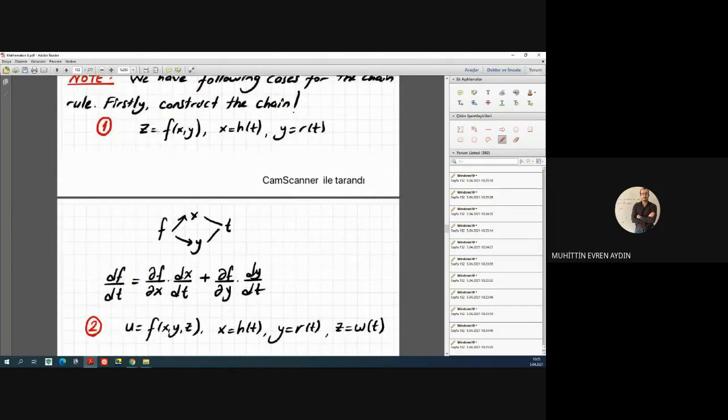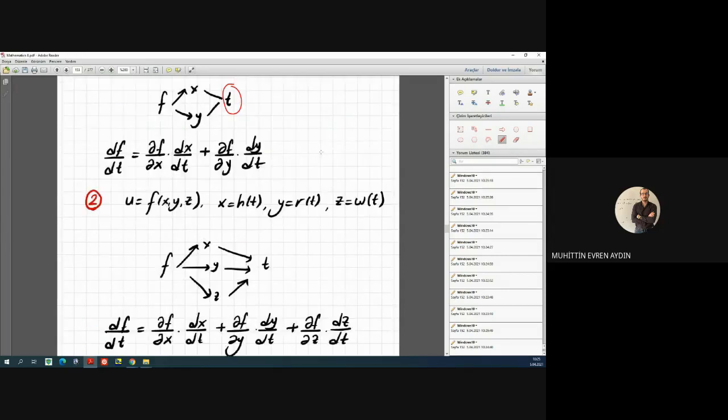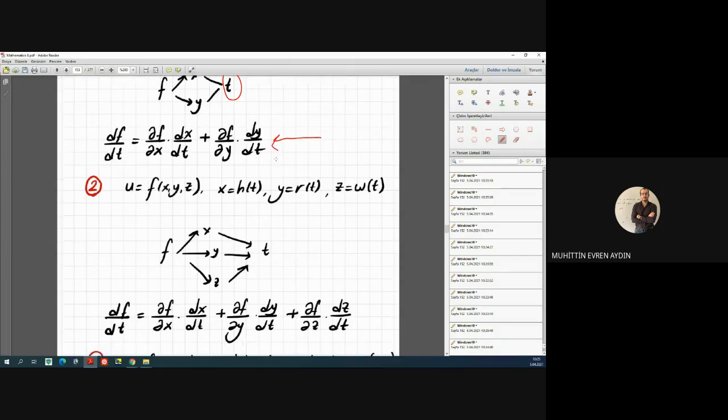For instance, f depends on x and y, and x and y depend on another variable t. So the chain rule takes this form. As you can see, x and y exist in this equality.